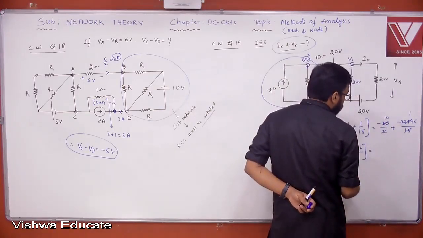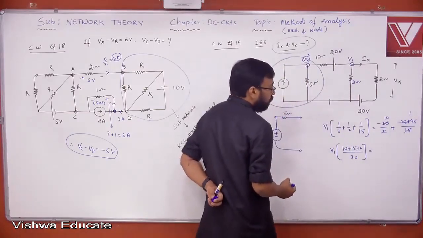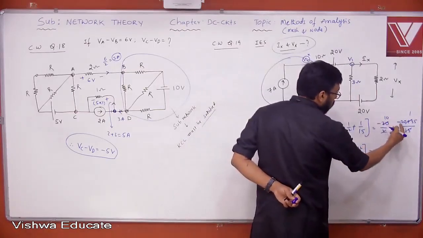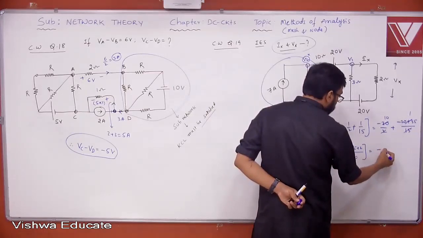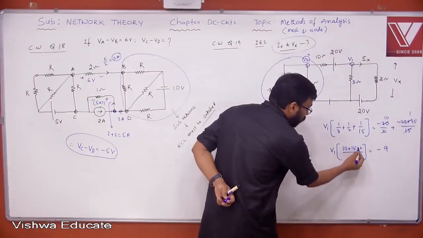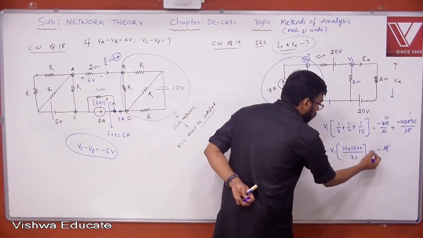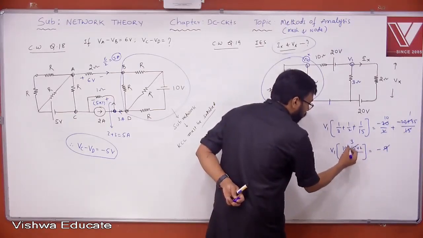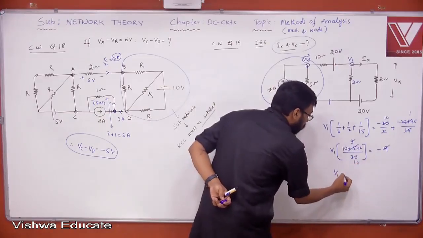So you got minus 10 and 1, I think you get minus 9. Yes or no? 10 plus 2 is 12, 12 plus 15 is 27. So 3 by 10. Finally you get V1 equal to minus 10 volts.